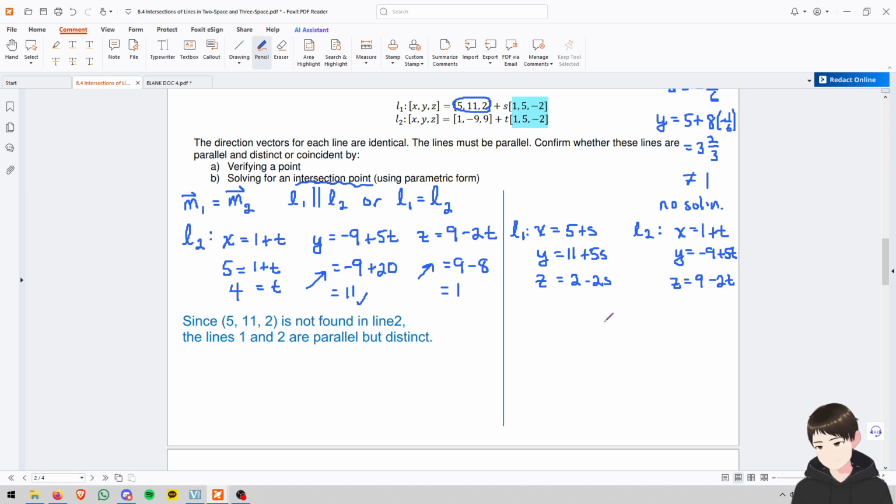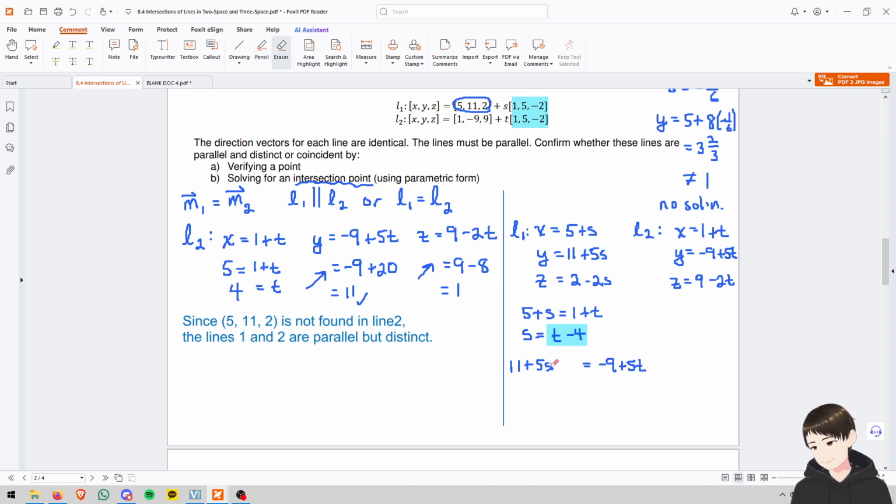So I've got 5 plus s equals 1 plus t. Just because s and t are isolated, how about I substitute? Subtract 5 from both sides, I get s equals t minus 4. So anytime I see s, I'm going to plug in t minus 4. Take a look at my y. 11 plus 5s equals negative 9 plus 5t.